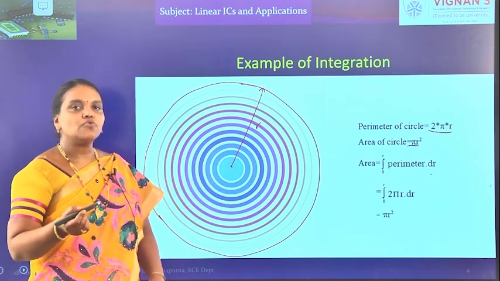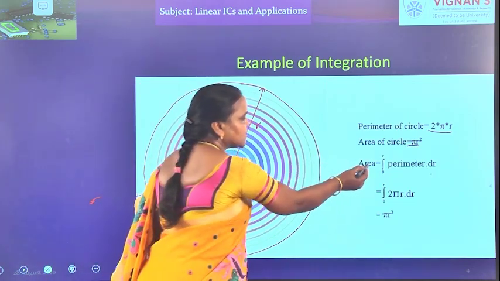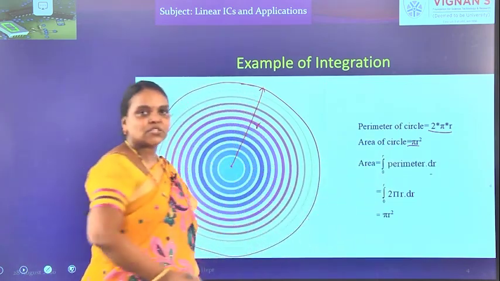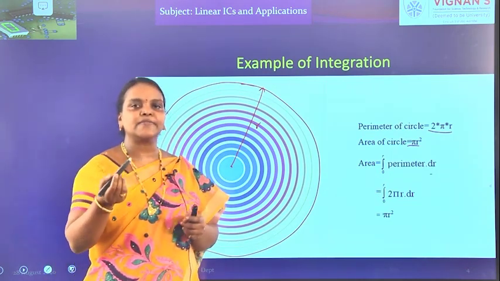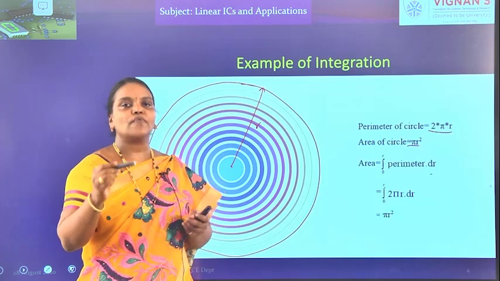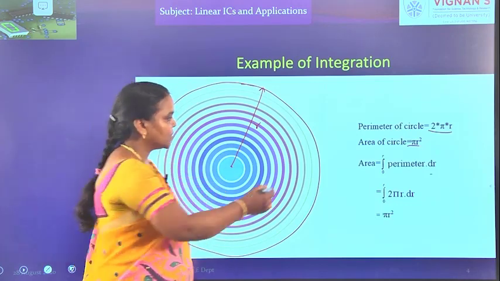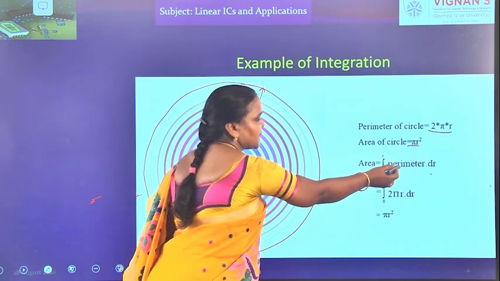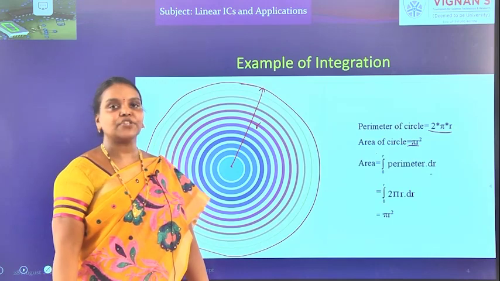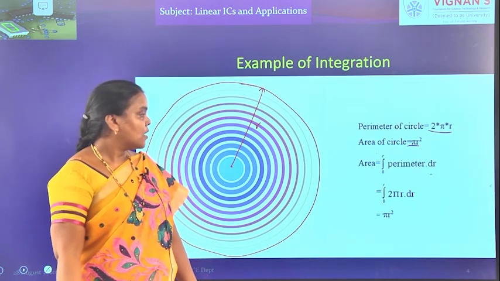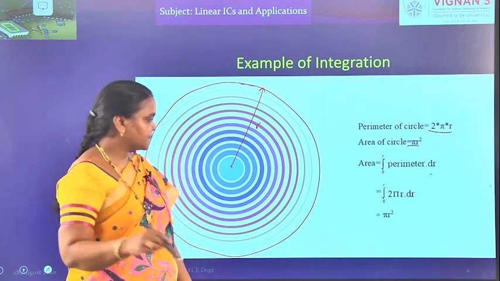So area is equal to the sum of all perimeters of the circles. From one circle to the other, which parameter is varying? Radius. What is the range of the radius changing? 0 to r. So we integrate the perimeter with respect to radius r: integral from 0 to r of 2 pi r dr.